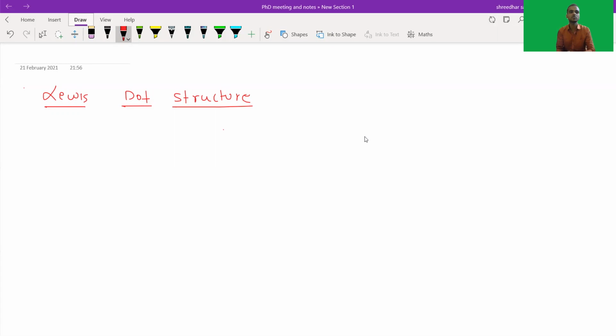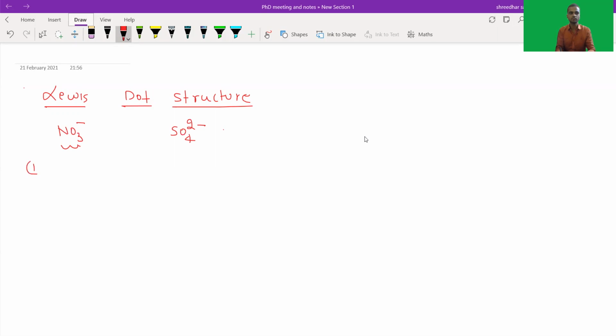I will be taking two examples to illustrate these steps: NO3 minus and SO4 2 minus, nitrate ion and sulfate ion.